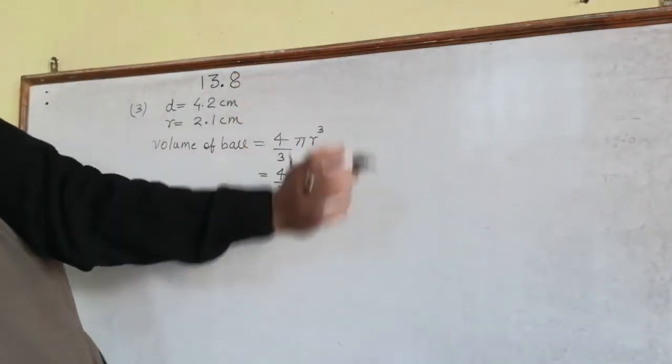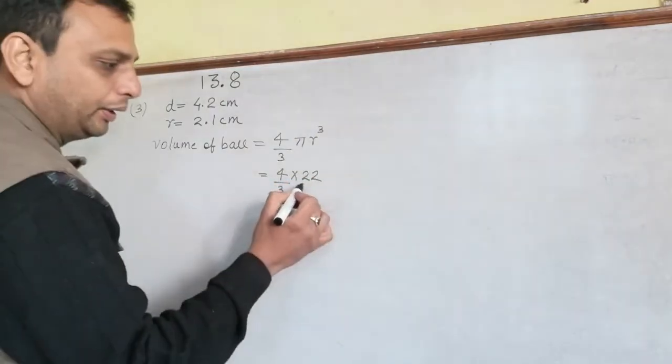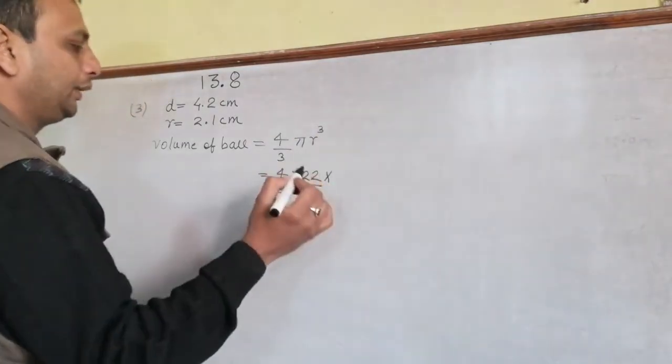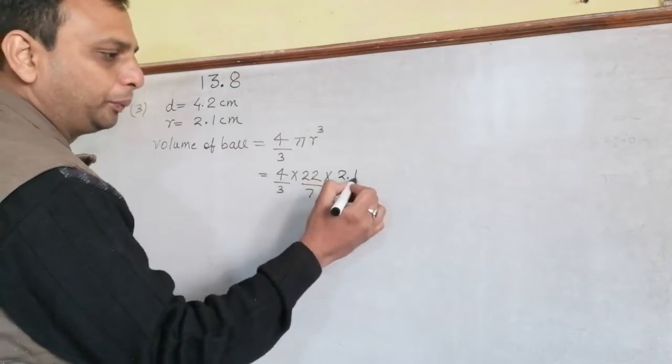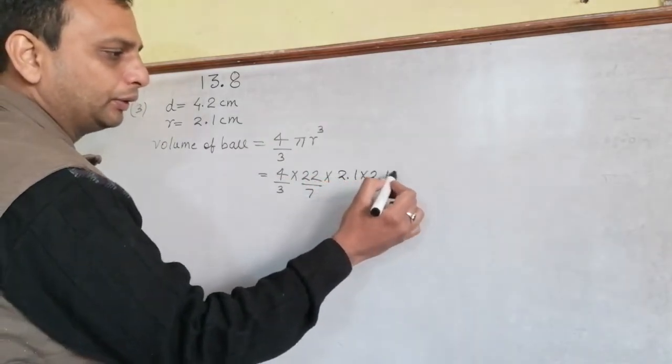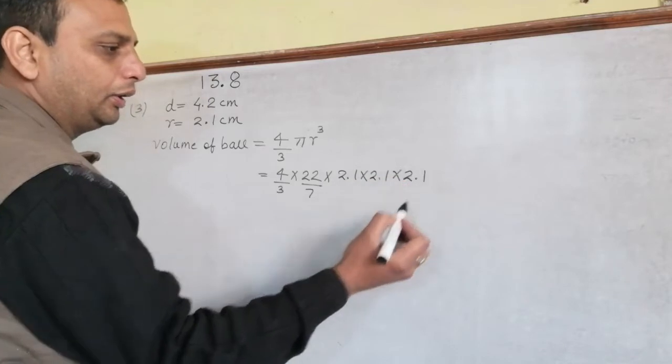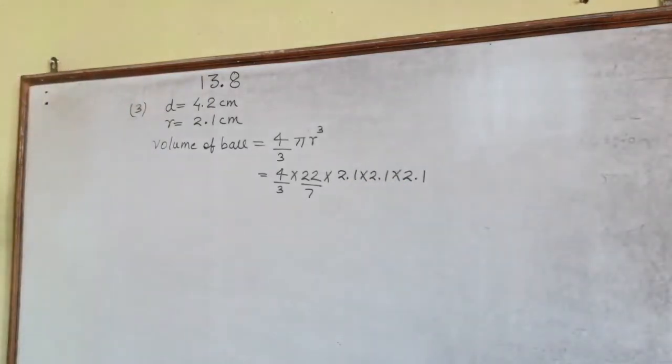For pi we have to put 22 upon 7 only. As I do not mention in the question, R is 2.1 cube. So 2.1 multiplied by 2.1, this is the value of the radius.